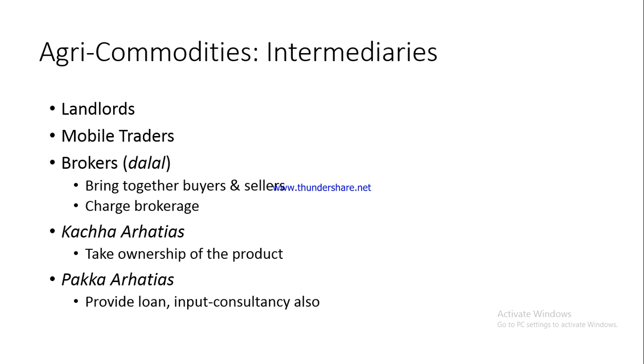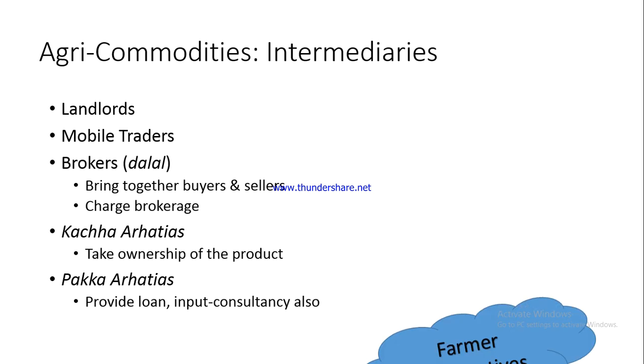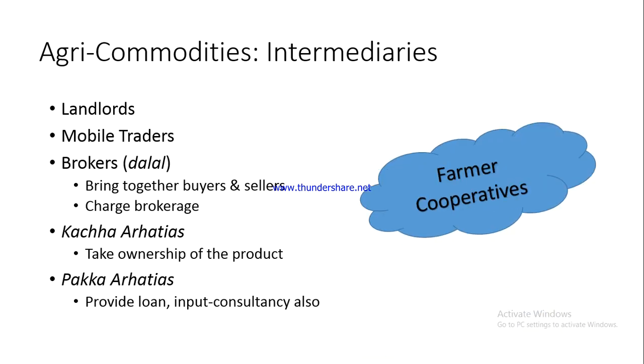So there was a thinking that why can't the farmers have an organization, some kind of an entity of their own to sell their produce in the market, and then whatever profits are earned in this process can be distributed among the farmers rather than intermediaries profiting at the cost of the farmers. The farmers should be able to enjoy the produce of their hard work, and that is why we have got farmer cooperatives.